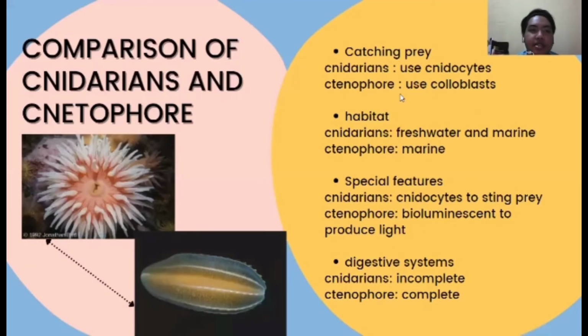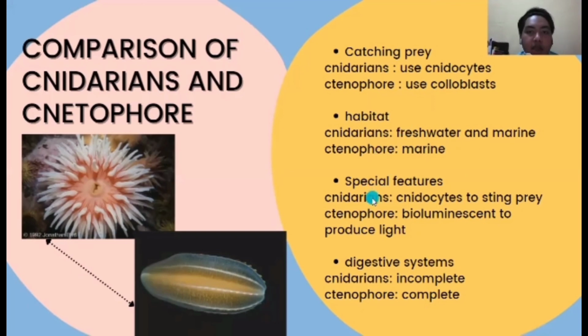So this is some comparison of cnidarians and ctenophores. First, in terms of catching prey, cnidarians use cnidocytes, while ctenophores use colloblasts. In habitat, cnidarians are usually found in freshwater and marine water, while ctenophores are usually found in marine water only.